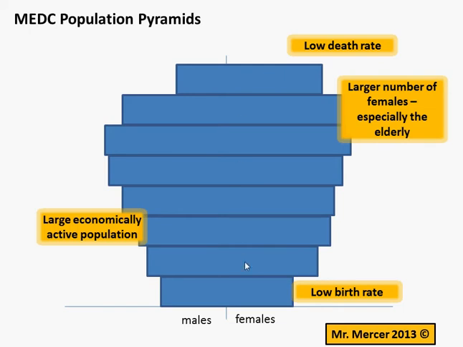Is there a greater weighting on the female side of the graph? It may be more evident in the elderly section of the population, and we can talk about why in a moment. As I said, I should stress, the larger number of females may be present on your graph, but it may not. There is a low death rate, as you can see, and there is an aging population.